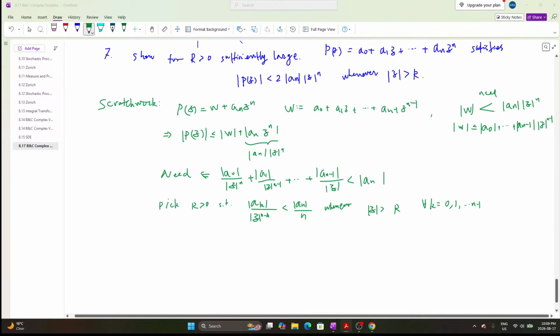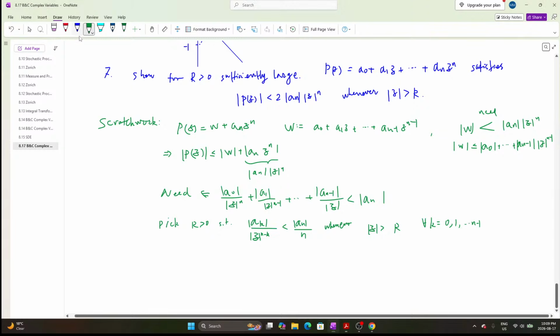Okay, so let's do the formal proof, the actual proof, and it's written forward. Let's first define R and verify the property.